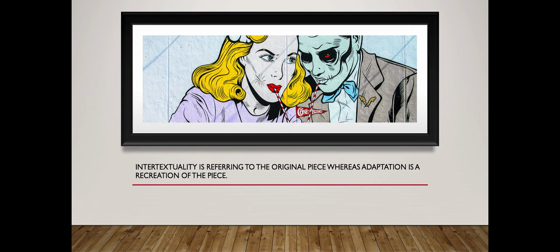So, in a fast and loose way, to think about the difference between intertextuality and adaptation: intertextuality is referencing the original, where adaptation is a recreation, right? Inserting a zombie into the text and keeping everything else as Pride and Prejudice is an adaptation, right?